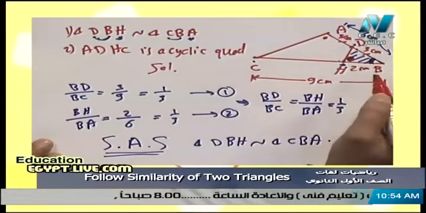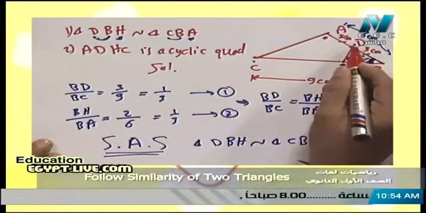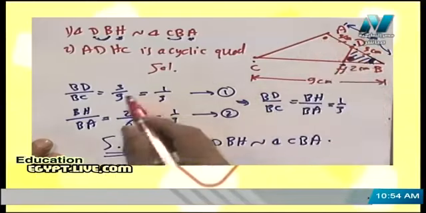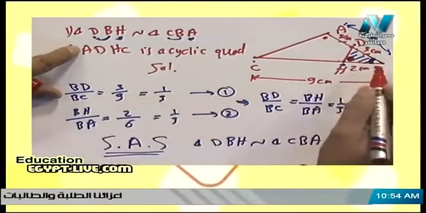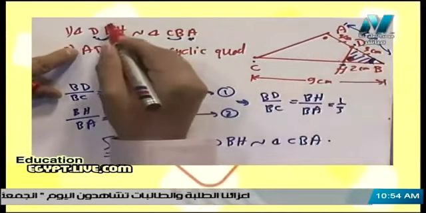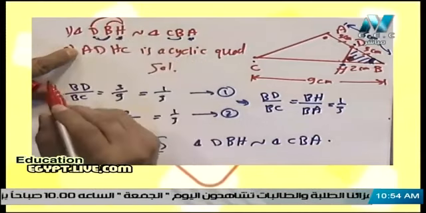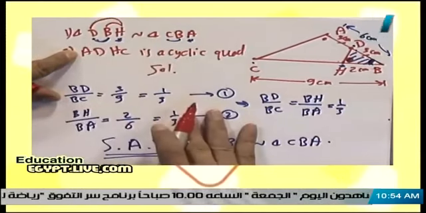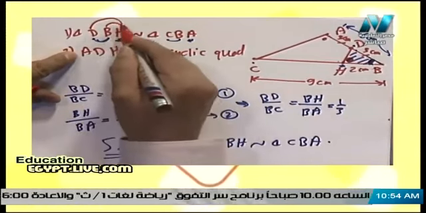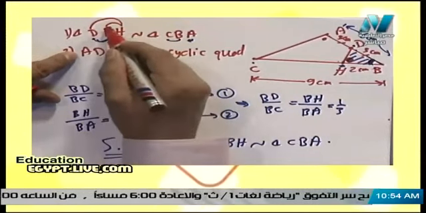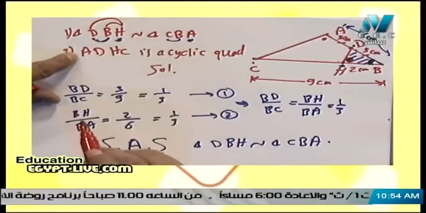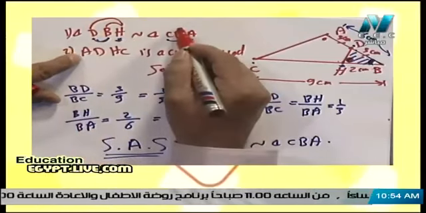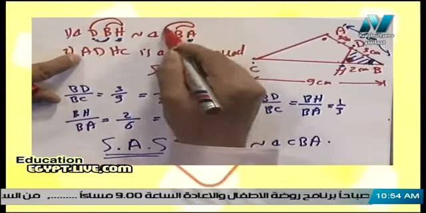So, is the angle BHD equal to the angle A? Look here, the angle BHD. Look carefully at this arrangement. The angle BHD, of course, will be equal to the angle BAC.